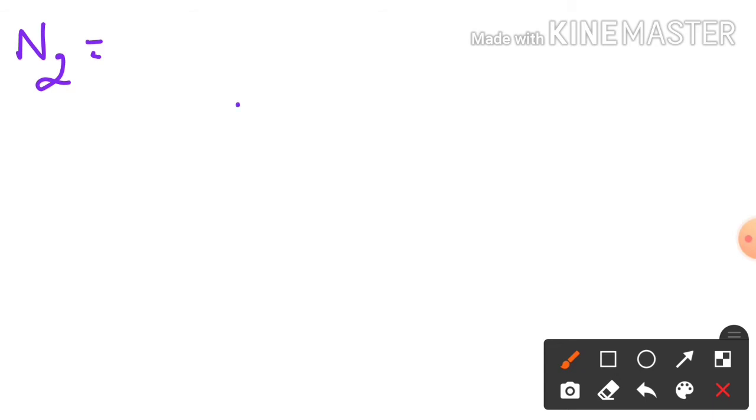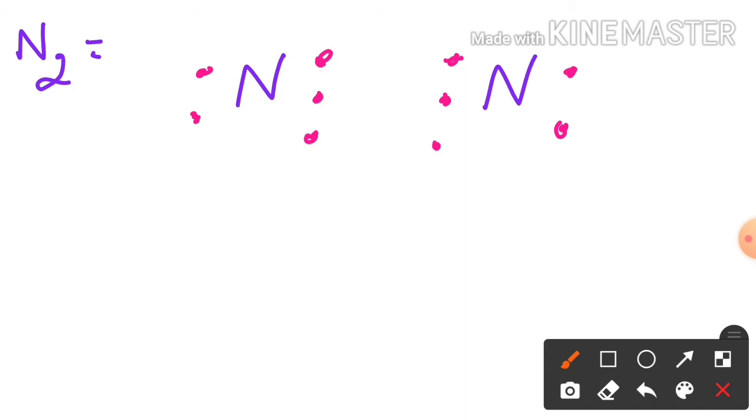So this is one nitrogen and this is the other nitrogen. And how many valence electrons? 5. So 1, 2, 3, 4, 5. 1, 2, 3, 4, 5. Each nitrogen needs 3 more electrons to complete its octet.